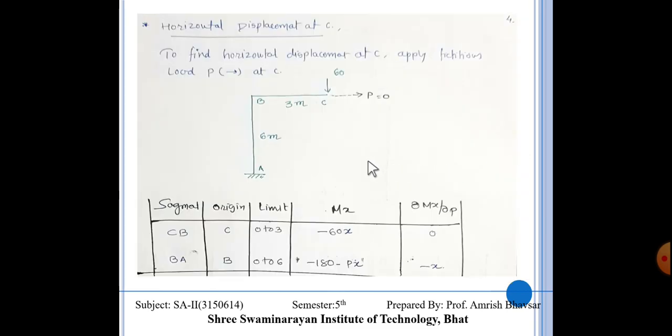Now horizontal displacement. For the horizontal displacement, we must consider a fictitious load P, with 0 in the horizontal direction.